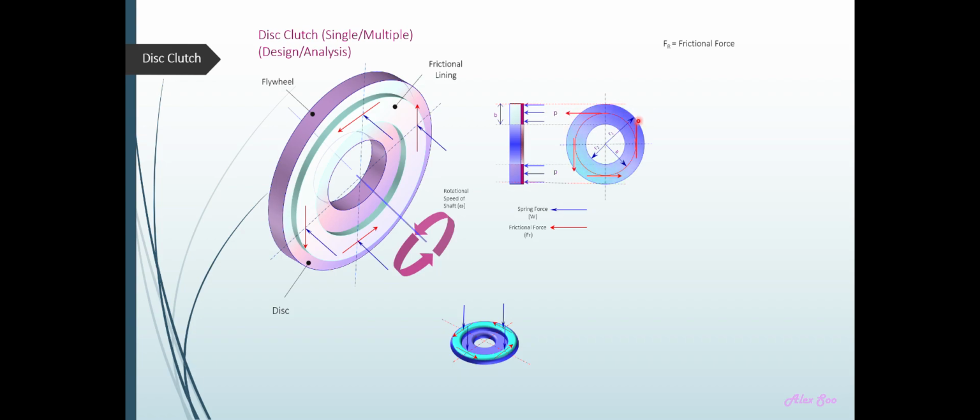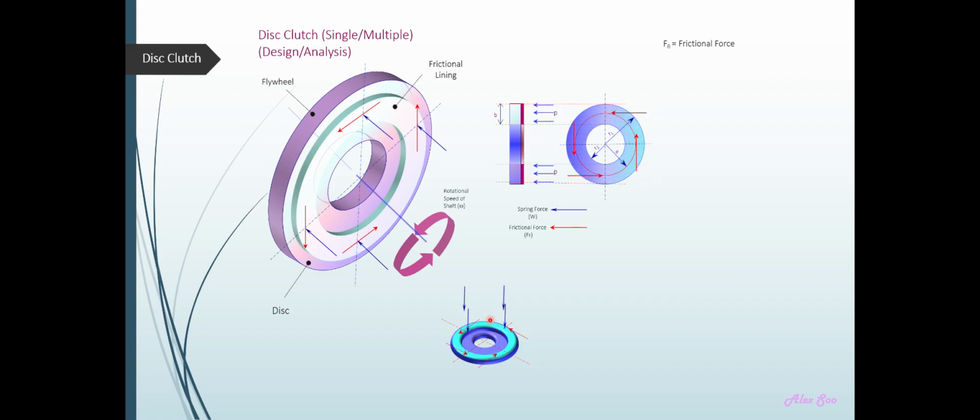So you can see these are the tangential force, the moment when the normal force or the spring force act on the frictional surface. So when this force acts on the frictional surface, it also produces these forces here that is in red.